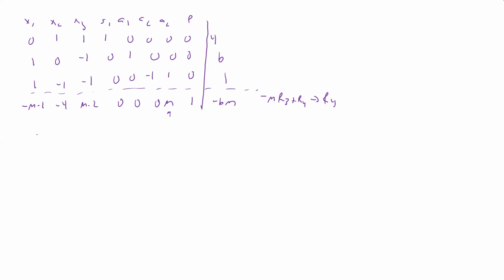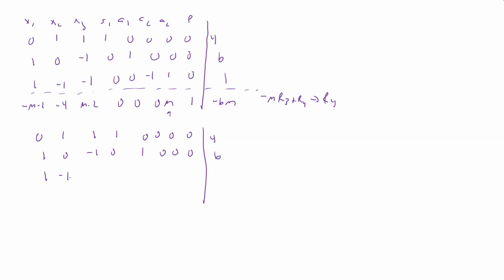And so then that gives us what? That's going to give us 0, 1, 1, 1, 0, 0, 0. Now I better make sure I have the right number of zeros here. And then that's a 4. Then we have a 1, a 0, a minus 1, 0, 1, 0, 0, 0, 6.